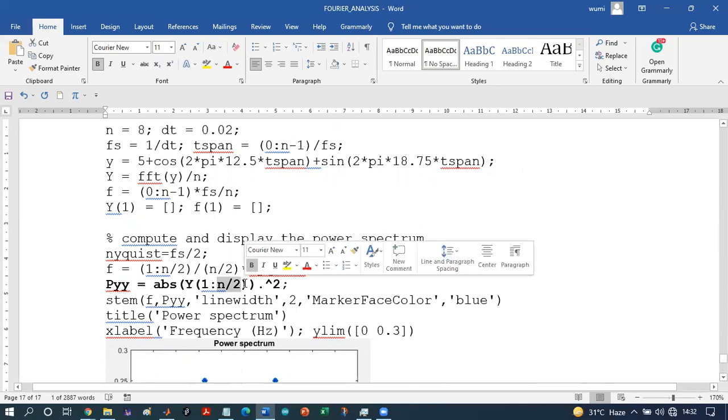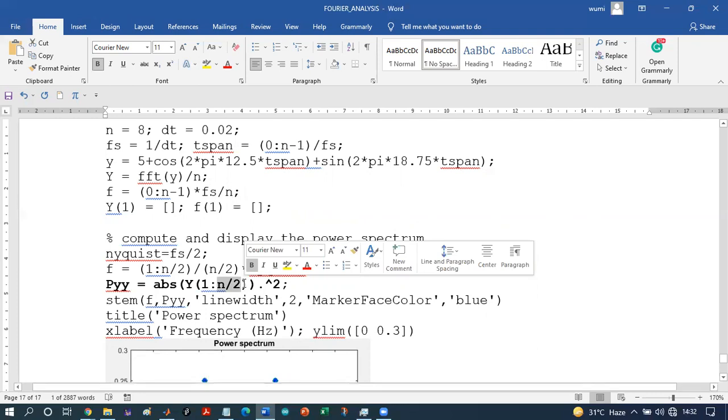So you are finding the DFT from 1 to 4. This line of code says you are only plotting the power spectrum at f equal to 1, 2, 3, and 4. You are not plotting the whole sequence.